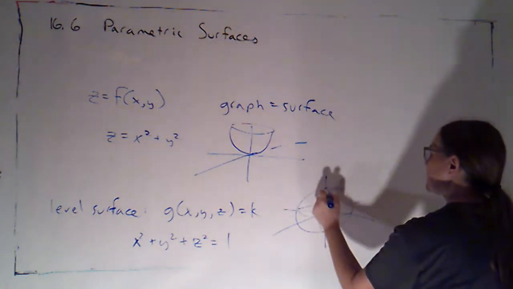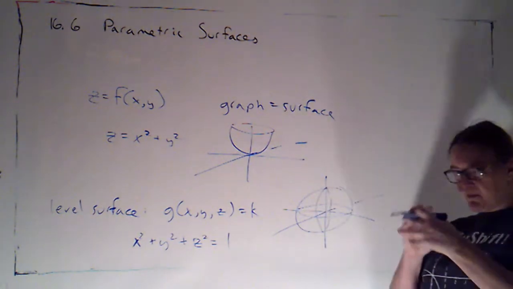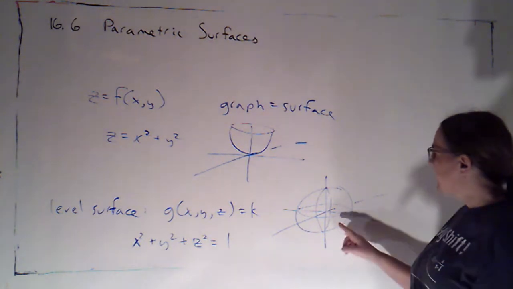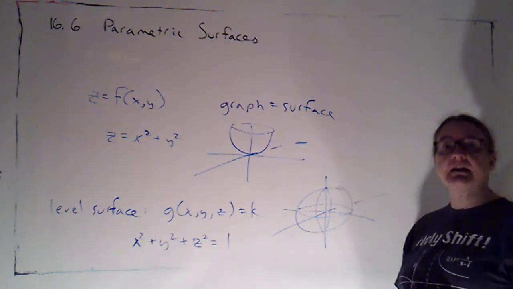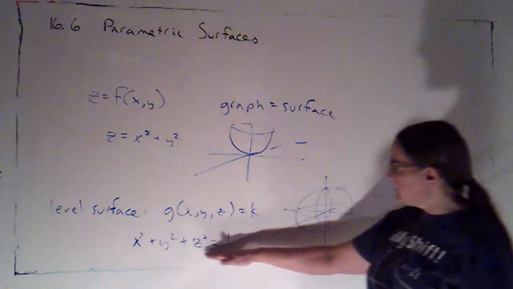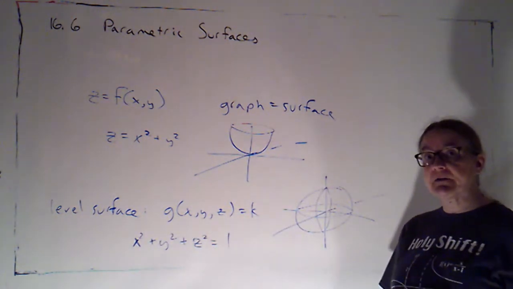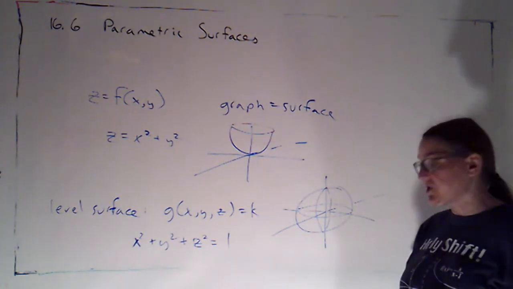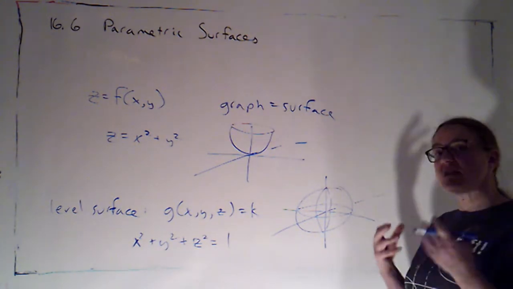Now again, that's a two-dimensional object. We're not talking about the solid sphere, we're talking about just the surface of that sphere. It's a two-dimensional object living in a three-dimensional space. This way of describing it uses three variables, matching the number of variables to the dimension of the space in which it lives, but not to the object itself.